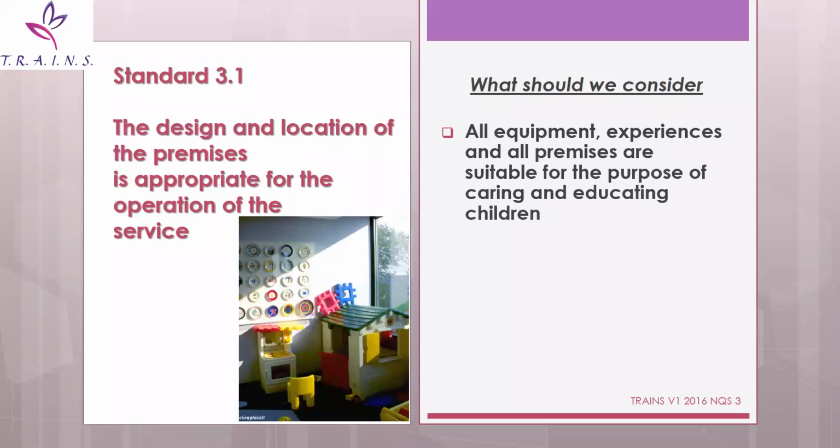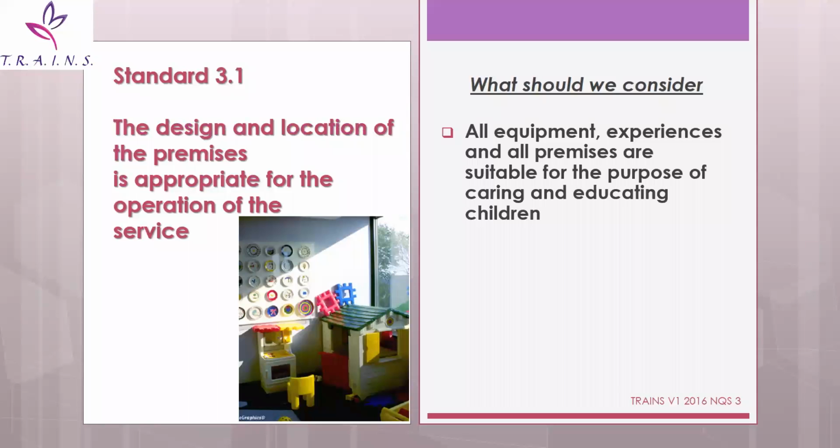Okay, so all equipment, experiences, and all premises are suitable for the purpose of caring and educating children. Remember that, the two key words in our qualification, education and care. So we need to make sure that the space and the equipment, but also the room is comfortable, isn't it? Making sure that we have appropriate ventilation, lighting, heating and cooling, and so on.